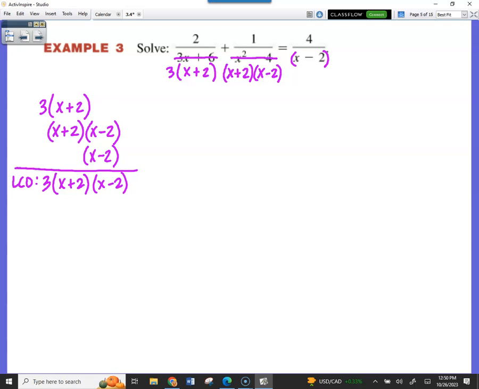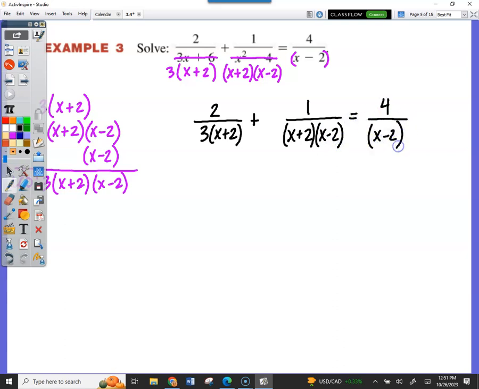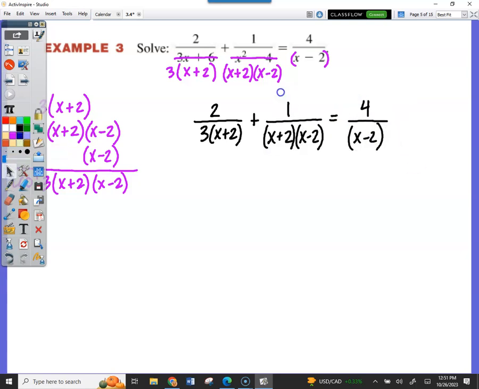I'm going to copy the whole problem, but in factored form. Alright, so copy the whole thing down.